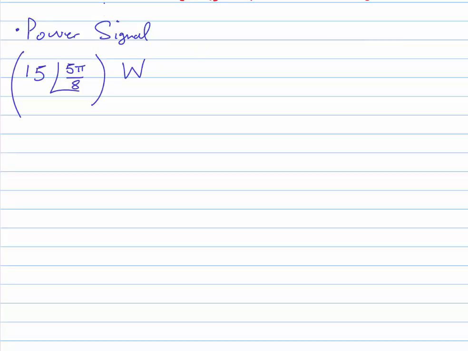And simple task now is to say, okay, what's the vertical component? The vertical component is quite simply 15 times the sine of 5 pi divided by 8 equals, now it's really important where you see pi's inside the brackets where you've got trigonometric expressions like sine, cos and tan, you must have your calculator in radians mode.